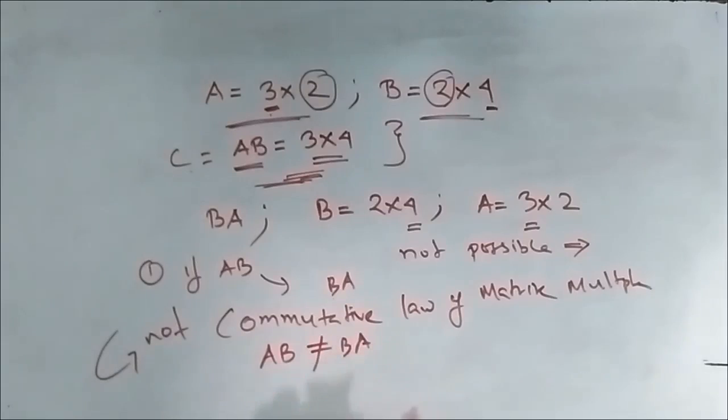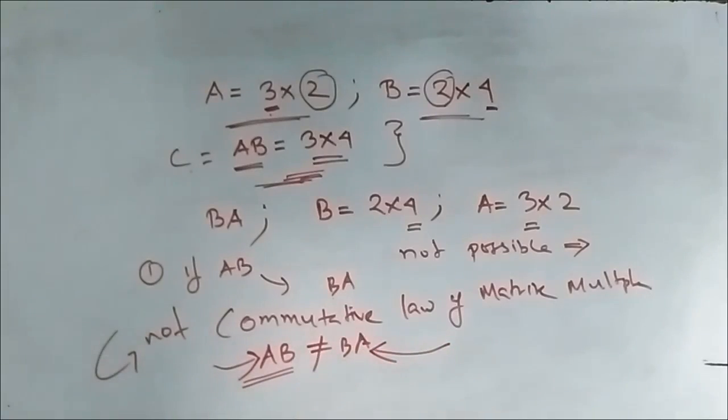So we cannot say matrix multiplication is commutative in nature. You can get a short question from this type of property: if AB exists, it is not necessary that BA also exists.